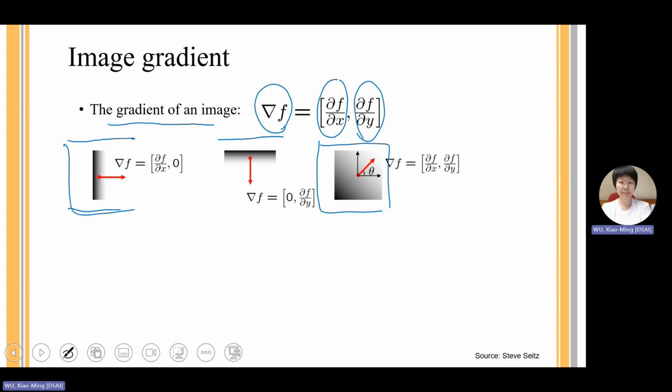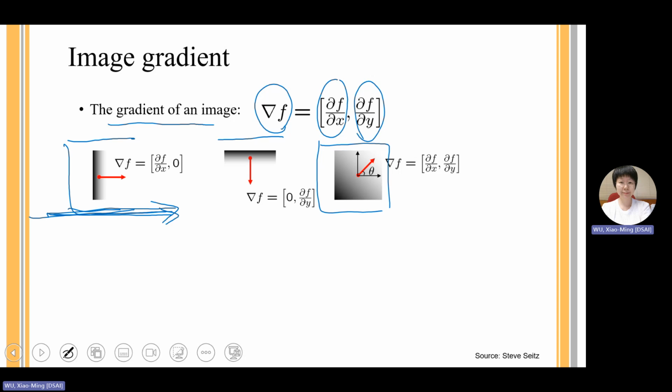In this image, each column has the same value, right? But along the horizontal position, the image value keeps increasing. For each row, the image intensity just keeps increasing. But for each column, the pixel values are the same.